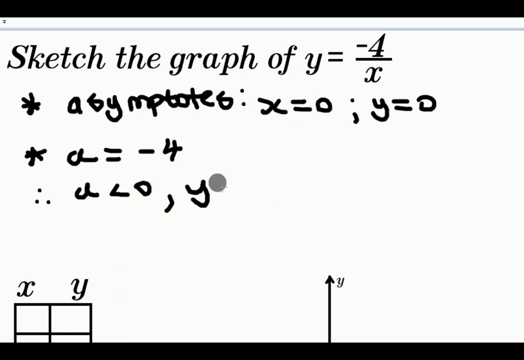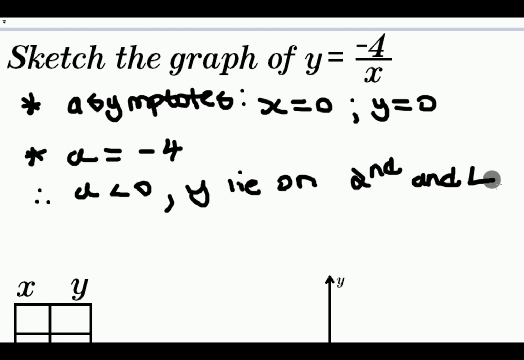So y will lie on, sorry, my pen is acting up. Y will lie on the second and the fourth quadrant.